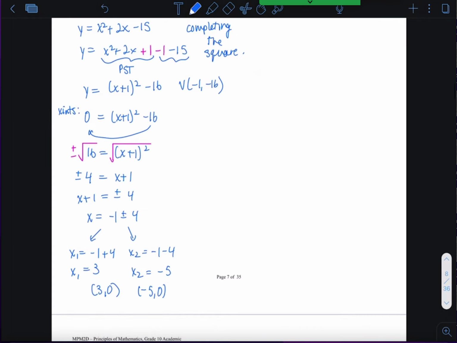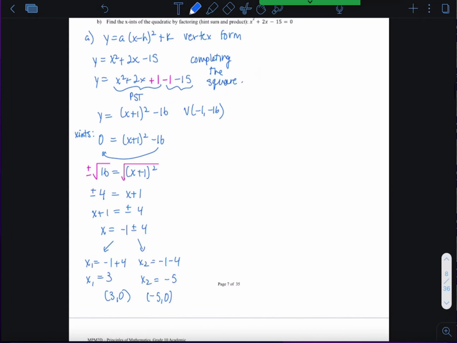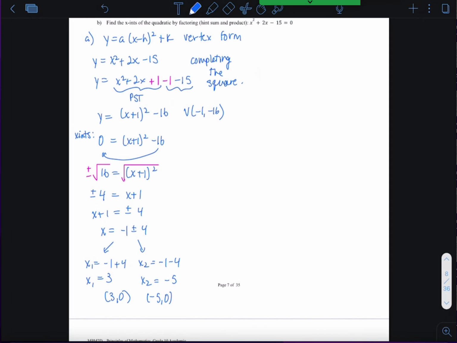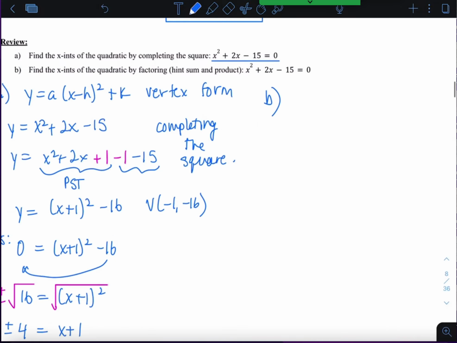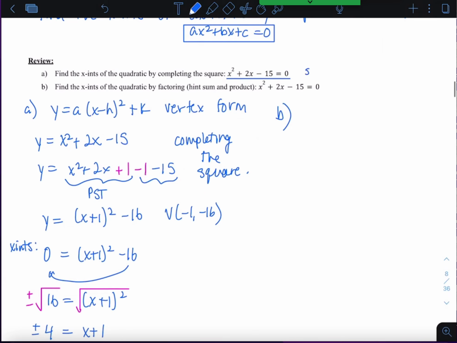Now, my next question, part B, is asking us to do the same thing, but now we'll consider turning this from standard form into factored form. So part A is going from standard to vertex form, and part B is going from standard to factored form. And this one's even easier, because if I want to find the x-intercepts of this, I can factor this quite easily.